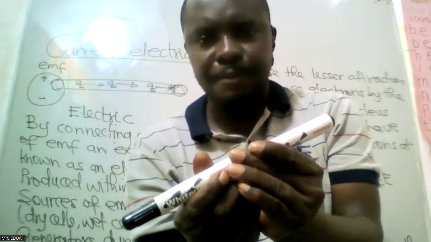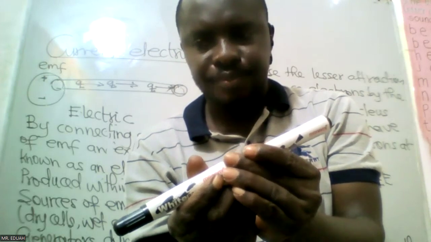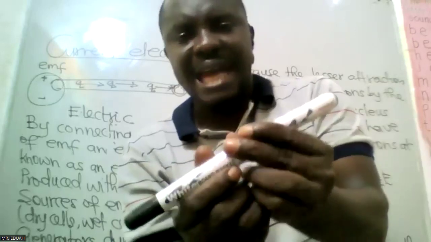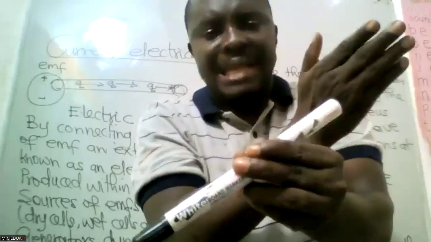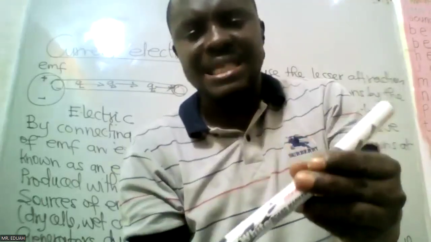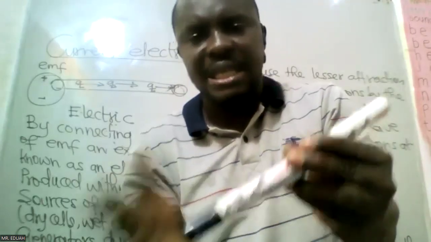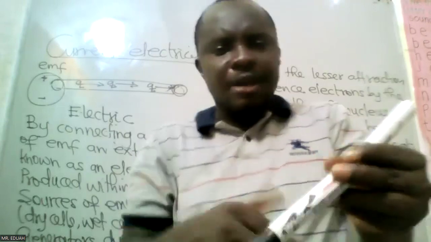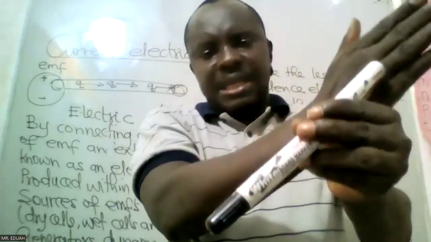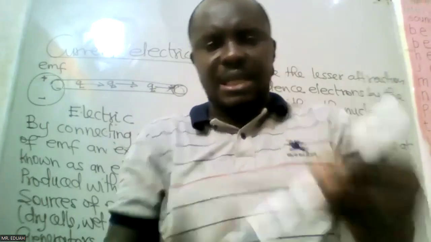Please, are you with me? So in this scenario, the upper part creates a higher potential, the lower part creates a lower potential. And water would flow easily when there is a potential difference.